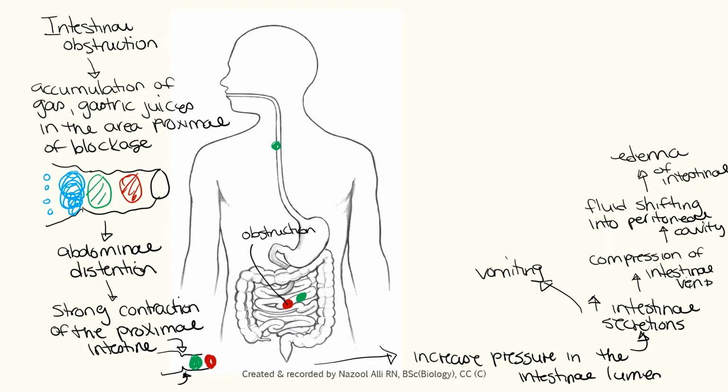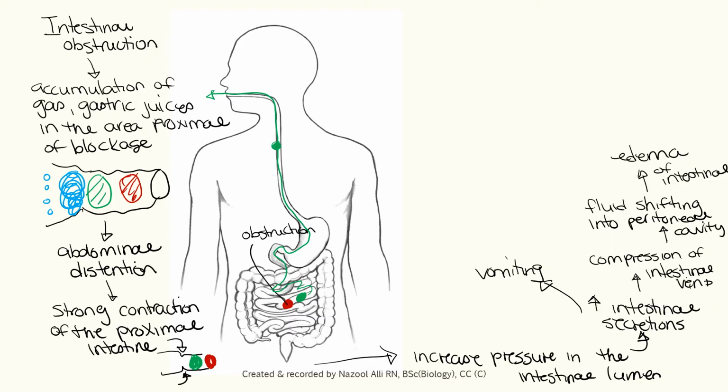So if we have an obstruction, where you've seen our point of obstruction here, if the content cannot go through the GI tract and out through the rectum, then it's going to back its way up. So now it's going to back its way up all the way out. And what we're going to see is emesis in the patient, or vomiting.